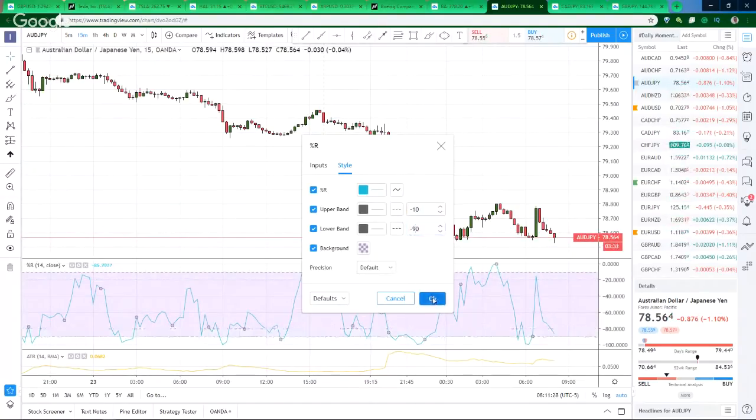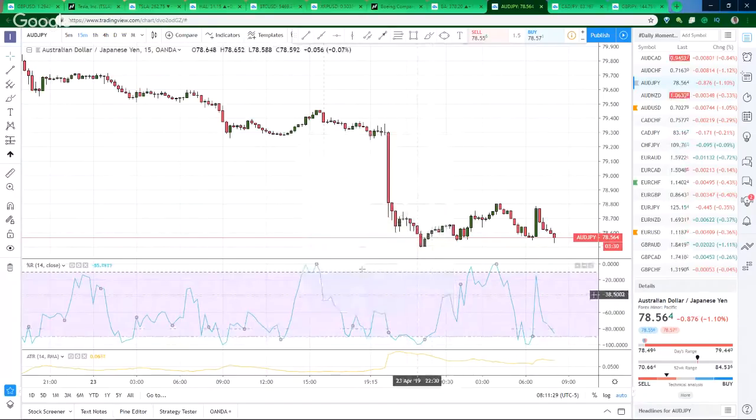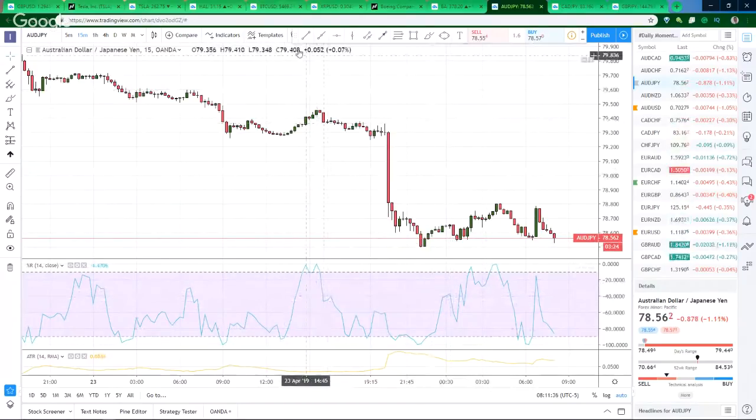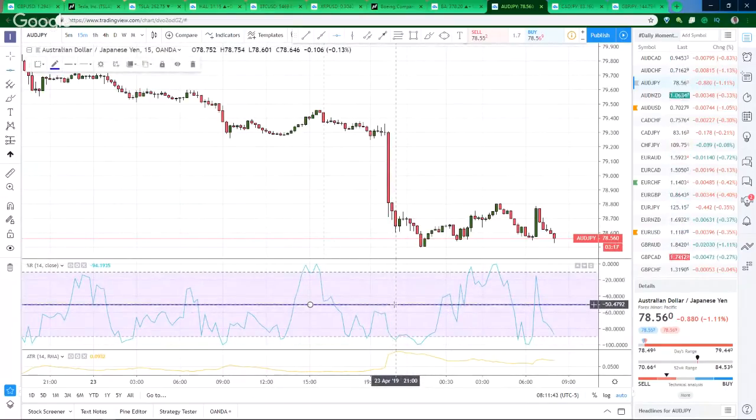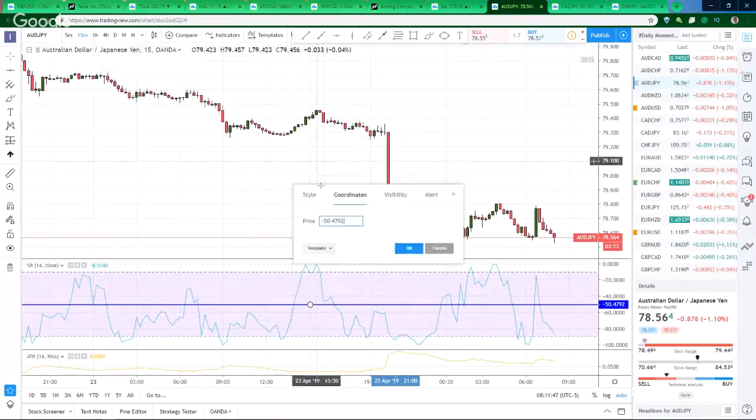Okay, so we're looking for a little bit more extreme settings than the default. The other thing we do is add a horizontal line at 50. So stick that in there and set it to -50, like so.